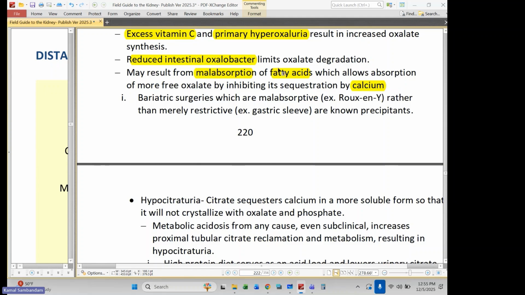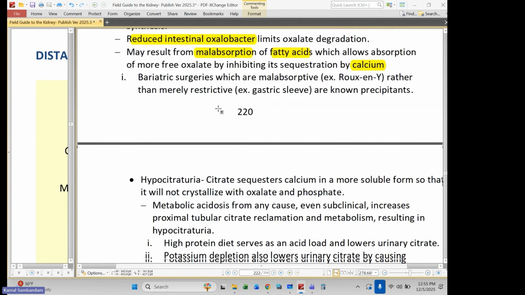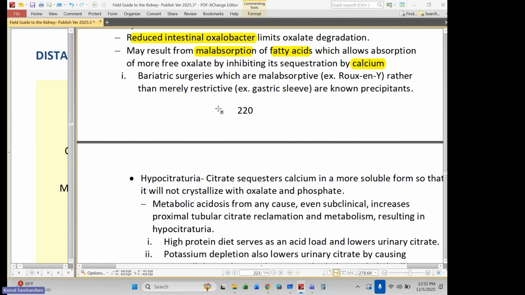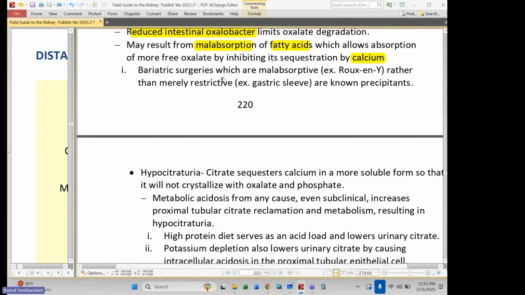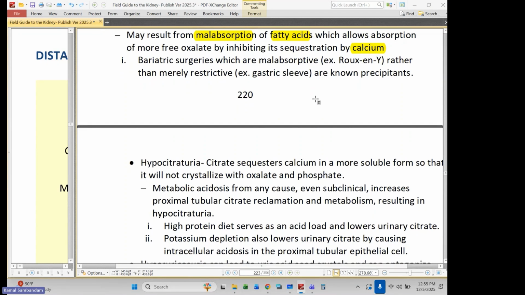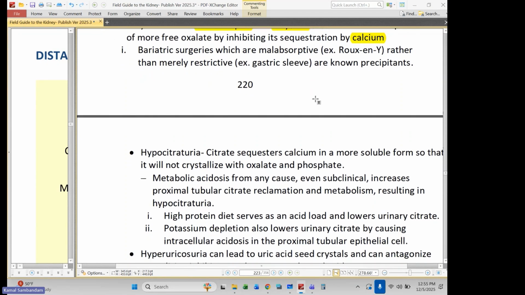Okay, so fatty acids flowing distally in the gut will bind up calcium. Calcium can no longer chelate the oxalate, so your urinary oxalates go up. Okay, also this fatty acid malabsorption may also affect the intestinal epithelium, making it more leaky and absorptive for calcium and oxalate. Okay, so those are the two mechanisms whereby fatty acid malabsorption can cause this predisposition to high urinary oxalates. Okay.